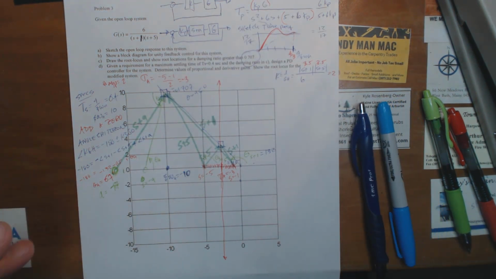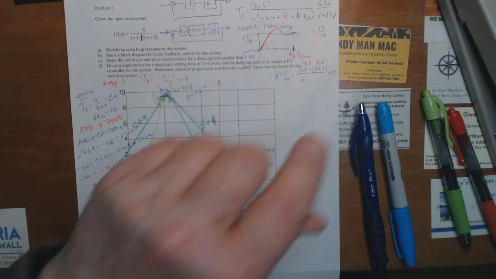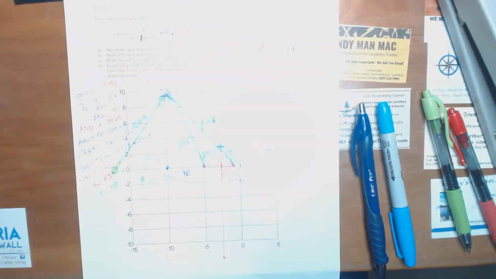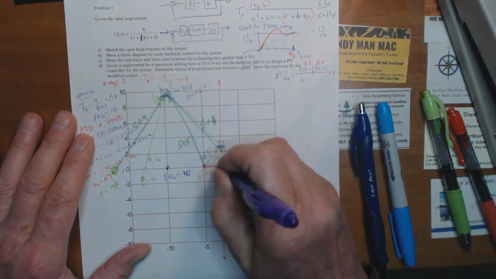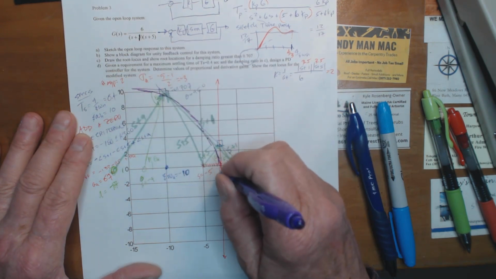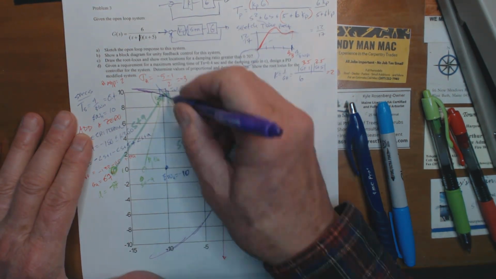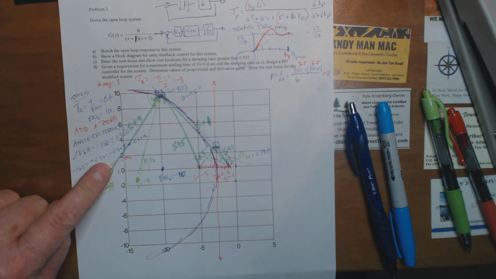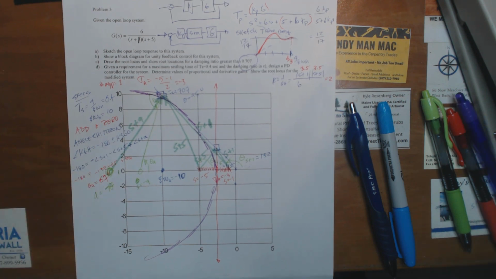Again, you sketch these loci around a little bit. I'll use a purple one here. Essentially, that forces the root locus to go right through this point. Putting that 0 there makes the root locus go right through that point. And isn't that nice that it does that?